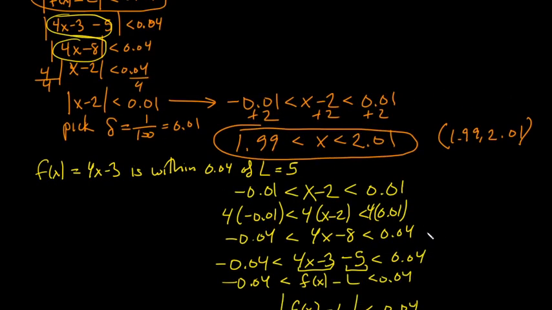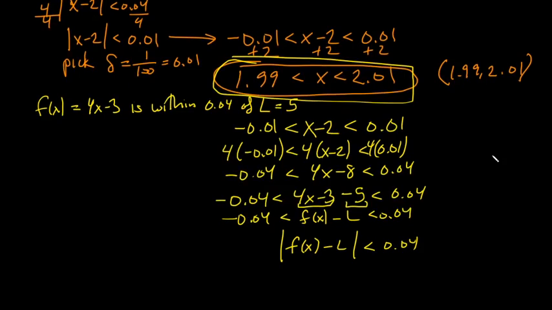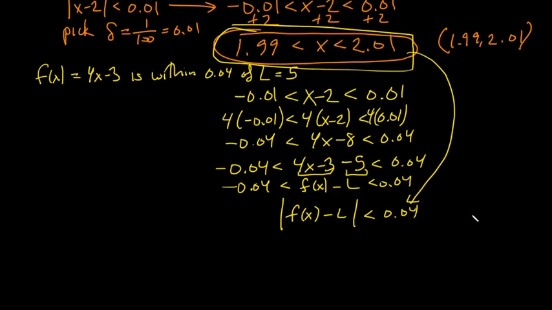So as long as x is between 1.99 and 2.01, that will guarantee that my f of x will be within epsilon. We'll be within 0.04.